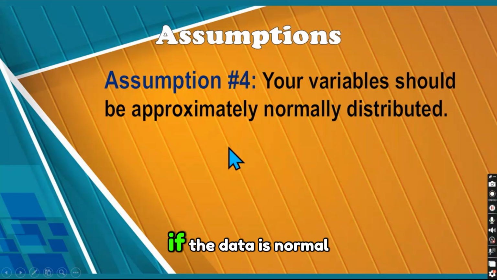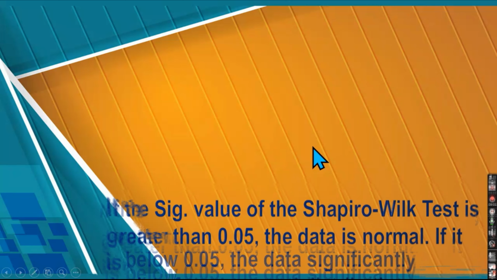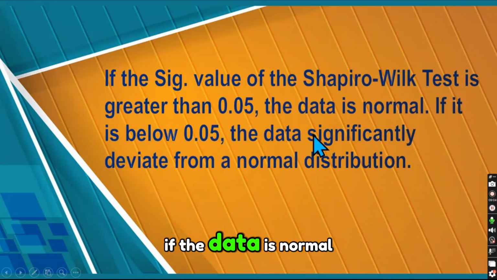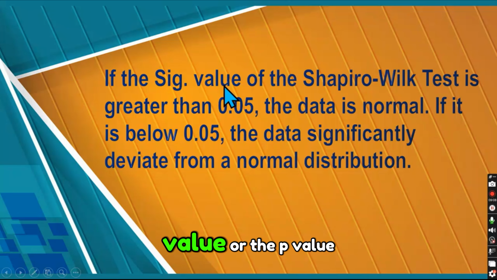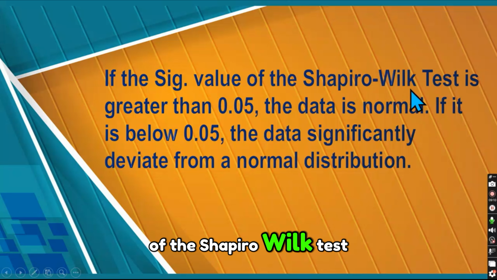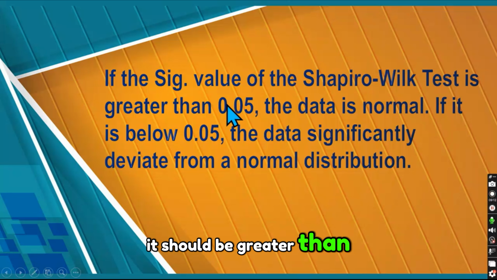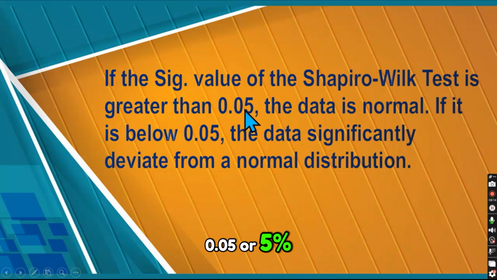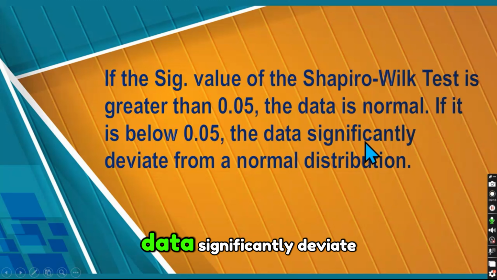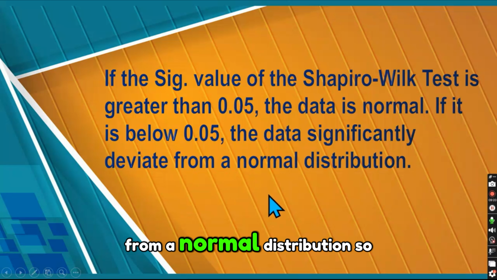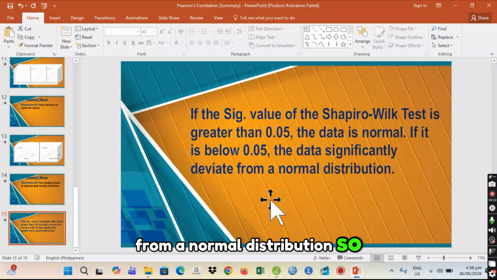If the data is normal, we check the sig value or the p-value of the Shapiro-Wilk test. It should be greater than 0.05 or 5%. If it's below 0.05, the data significantly deviate from a normal distribution.